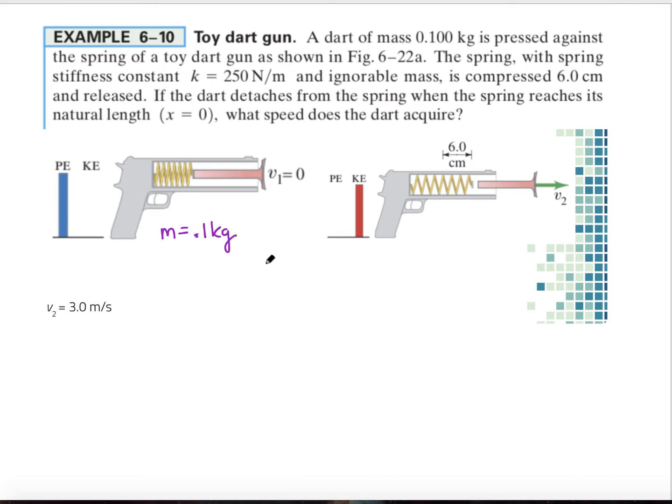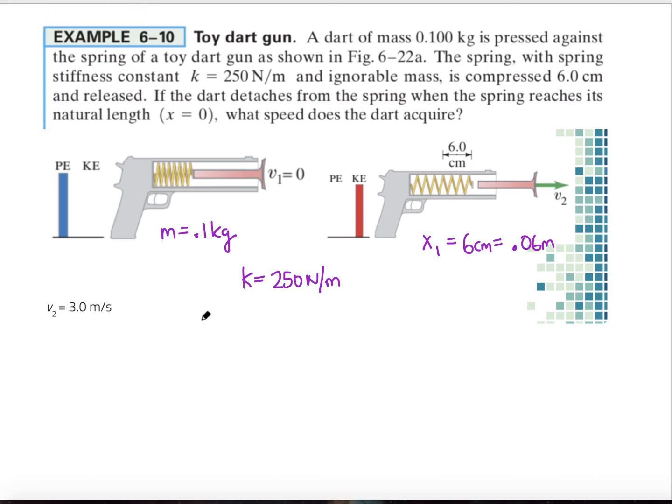And the spring constant, which is constant throughout the entire problem, is 250 newtons per meter. It's compressed a distance of 6 centimeters, so we're going to write this compression distance, x1, is equal to 6 centimeters, which we want in meters, so that's 0.06 meters.